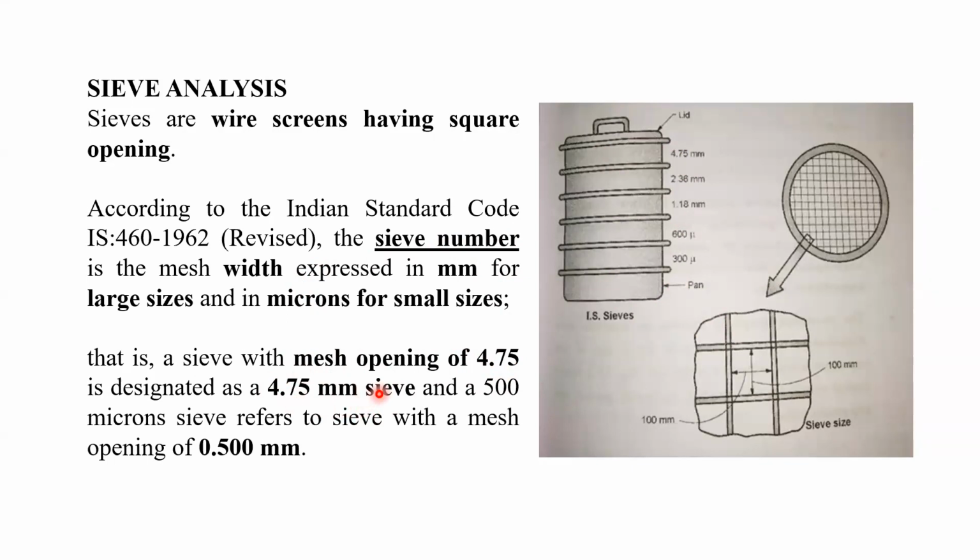You can ask the technician to bring the 4.75 mm sieve, or the 2 mm sieve. Or suppose a 500 micron sieve is there; we can also say bring the 0.500 mm sieve. So by the size of the sieves, we can call the name of the sieve.